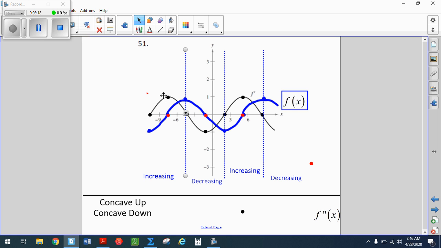If I switch from concave down to concave up, that means my second derivative is decreasing and then increasing. So I'm going to have a relative min. So it is a reflection of what I was looking at before. And I can draw that.